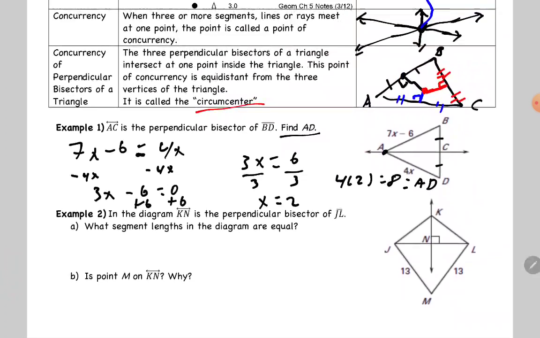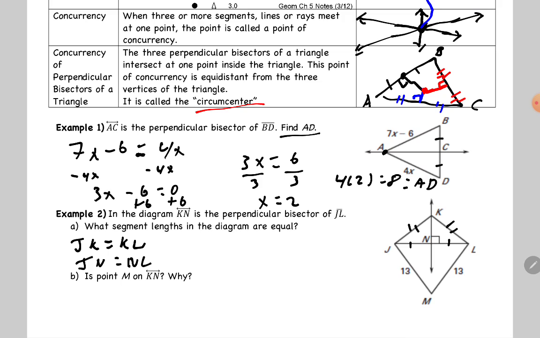Example 2. In the diagram, KN is perpendicular bisector of JL. Okay, that means these are the same, and these are the same. What segments lengths in the diagram are equal? Oh, well, okay. So JK and KL, JN and NL.